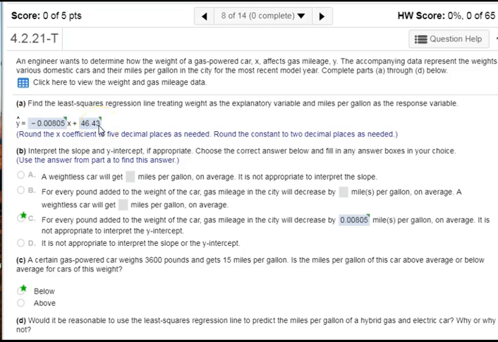So the gas mileage would be 46.43 when x is 0. Now, it doesn't make sense in this situation for the weight of a car to be 0. That's impossible. So it doesn't make sense to interpret an x value of 0 in this context.